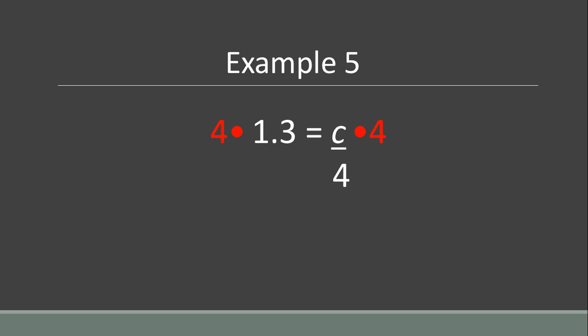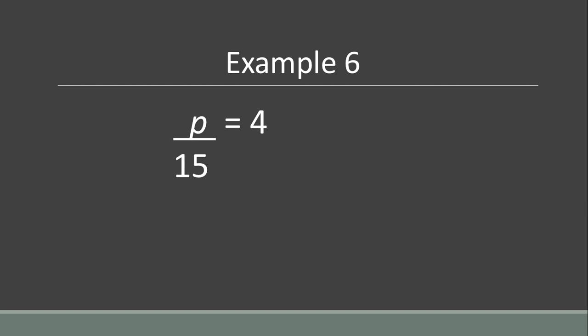So if I do 4 times 1 3/10, I get 5 2/10. Down comes my equal sign. My 4's cancel out, and down comes my variable c. So c is equal to 5 2/10.